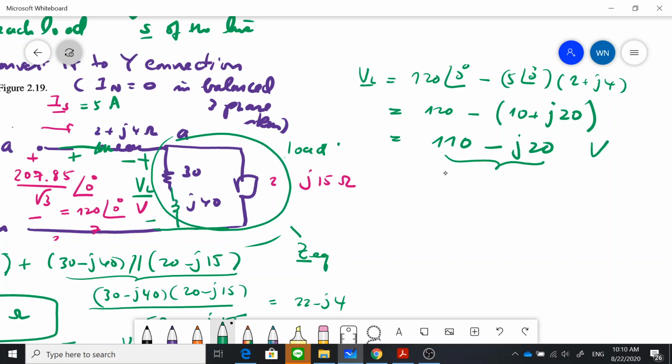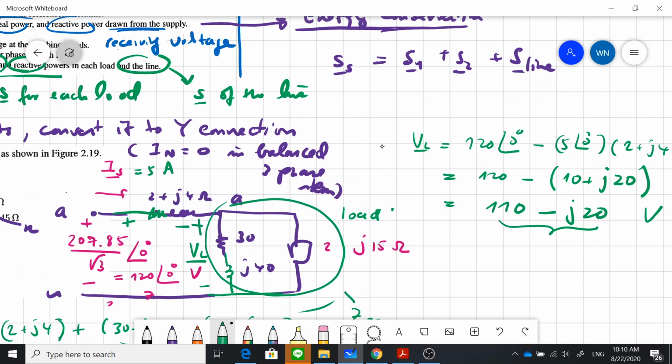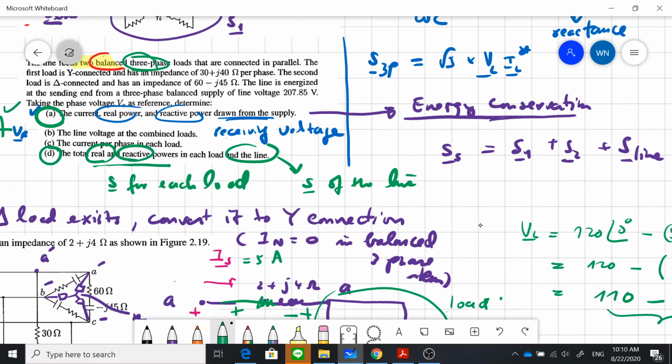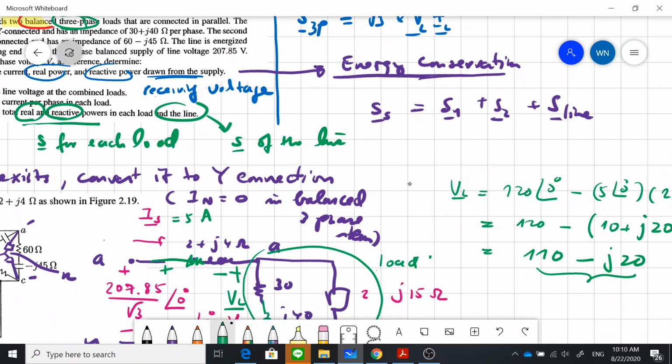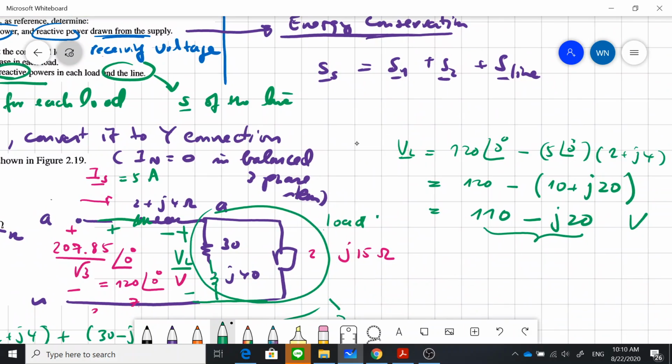All right, and this is for one phase. You can see in this case this is the voltage drop at the load, right?